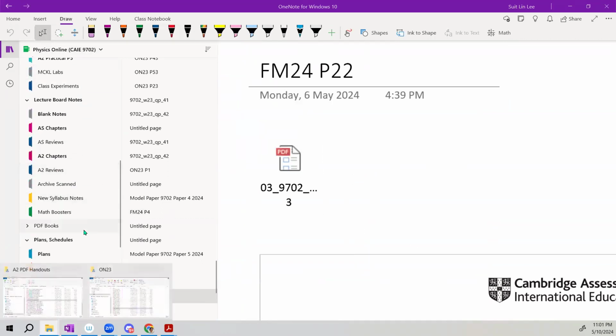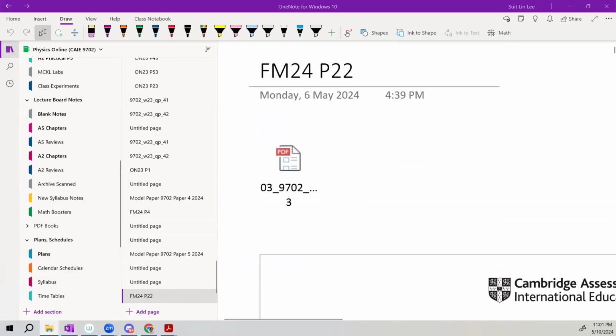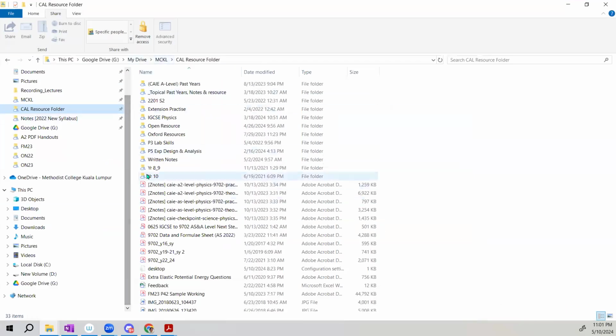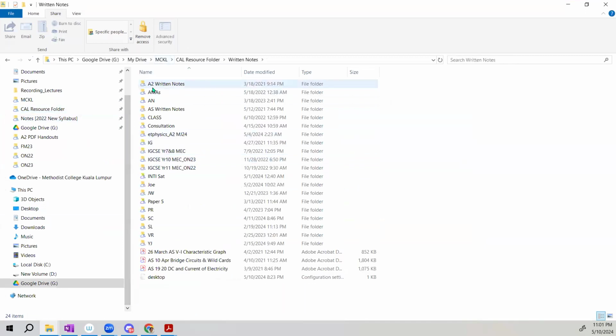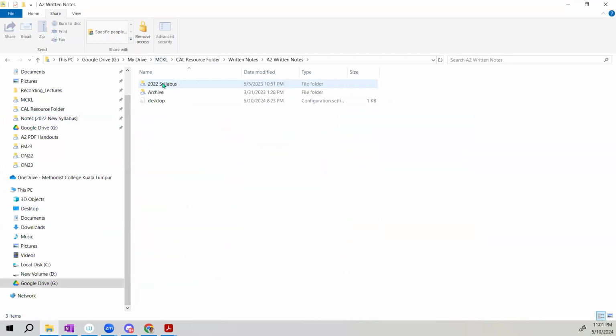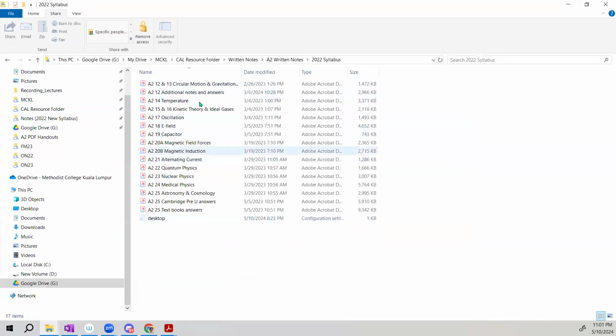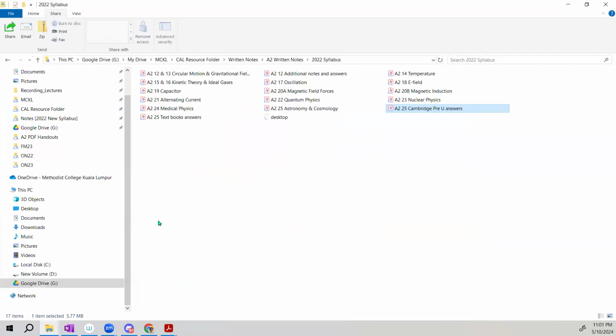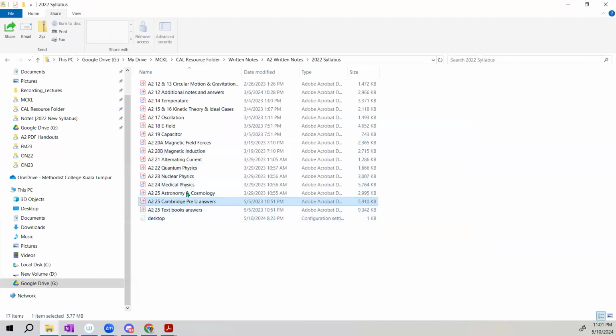Your written notes, if you go to the Cal resource folder, somehow a lot of people don't know this. You go to the written notes, you see it's A2 written notes, 2022 syllabus. Everything is here already, including the Cambridge pre-U answers that you asked for, chapter 25.